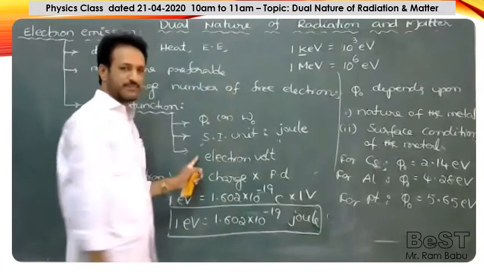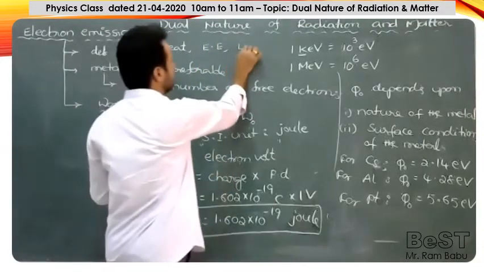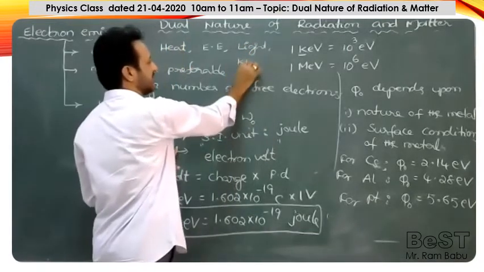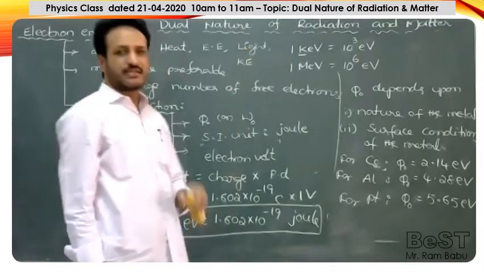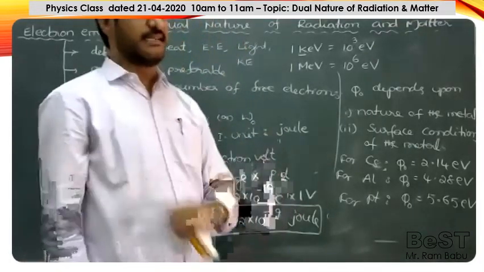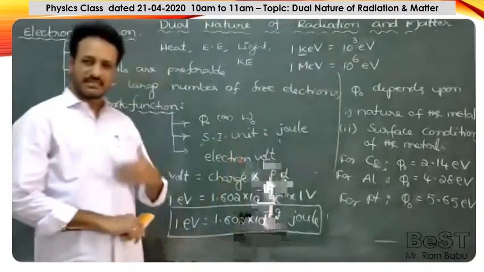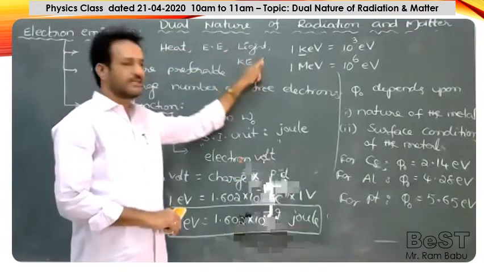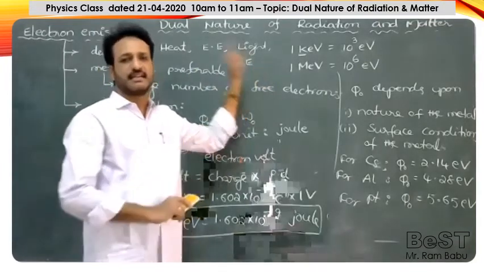Light energy can also be applied to the metal, and also kinetic energy. So for electron emission, some external energy must be needed. Generally we can supply it in the form of heat, electric energy, light energy, or maybe kinetic energy.